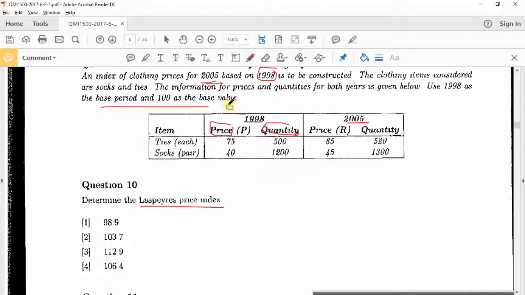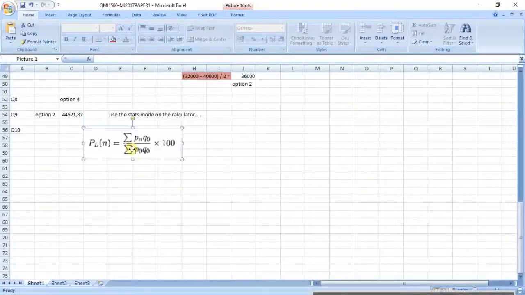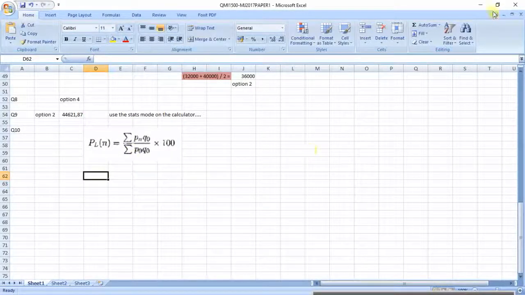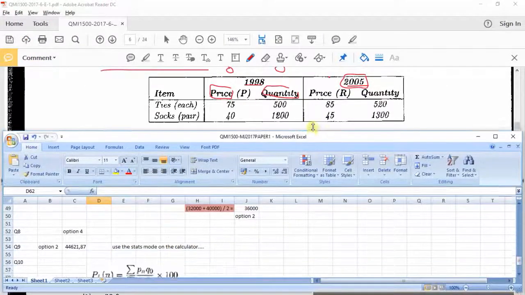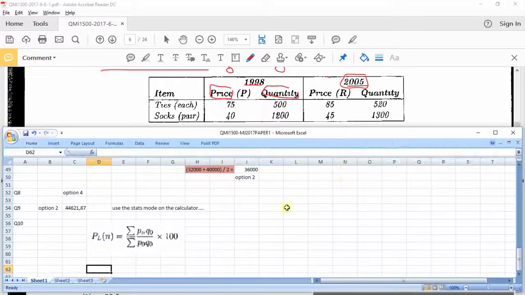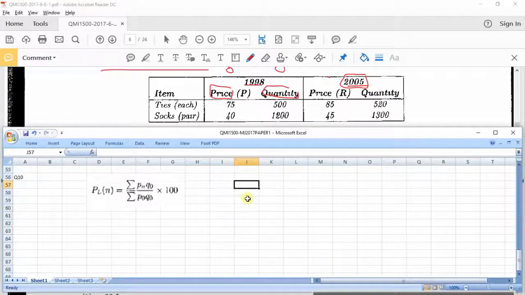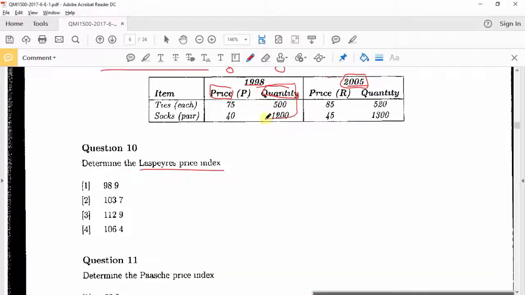So we've got price and we've got quantity. This is obviously your base here, so this would be your 0, and this would be your 2005, which is 7 years. Now there's the formula. We need to write these things down. I need P0, Q0, PN, Q0.